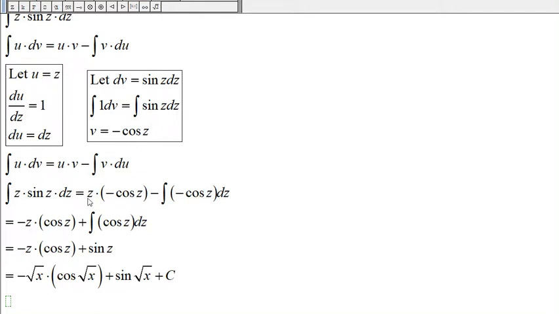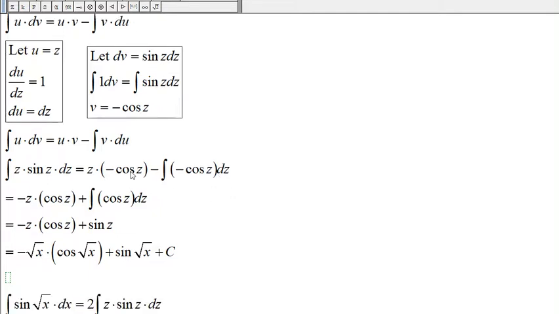So this is u, this is v, minus the integral of v, which is negative cosine of z, and then du is just dz. Minus negative becomes plus. The integral of cosine of z is just sine of z.